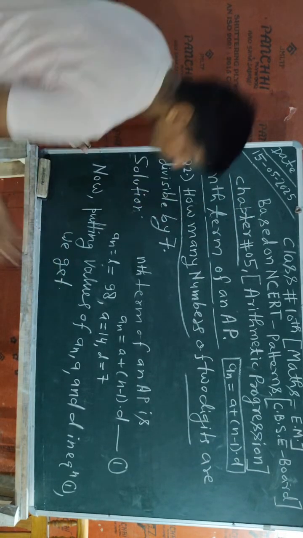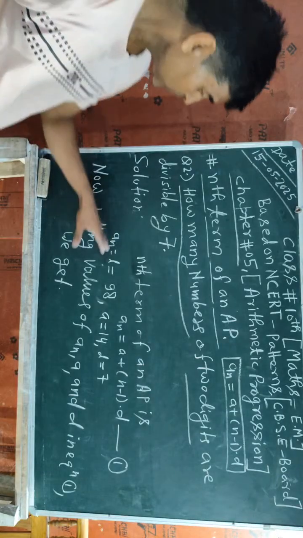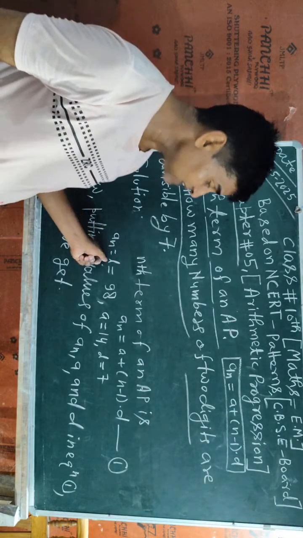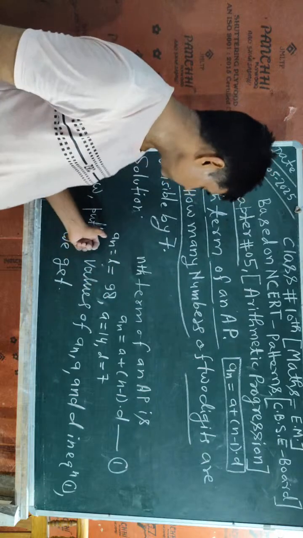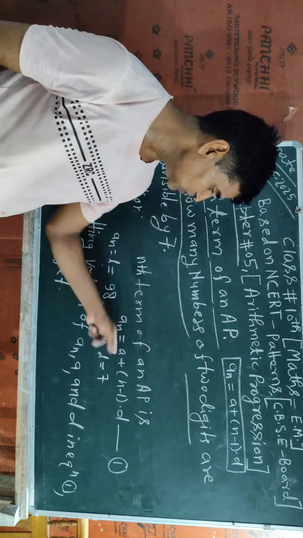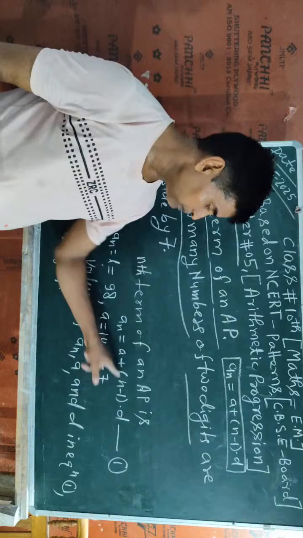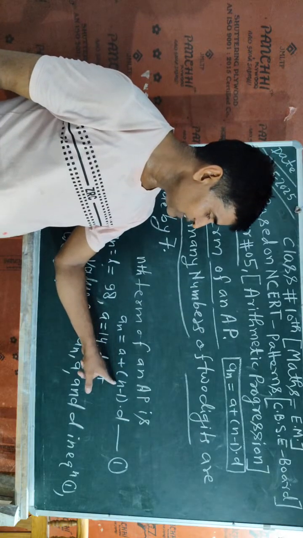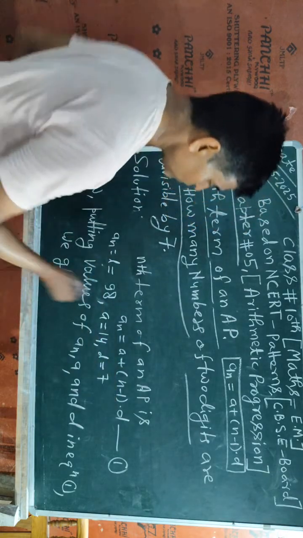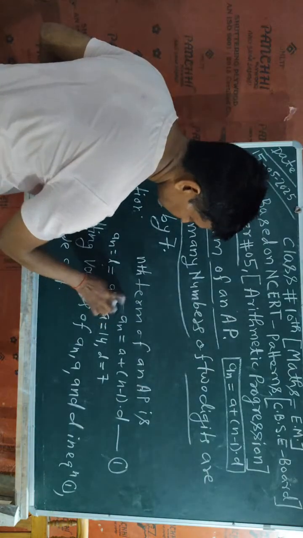Okay, student. So the value of a_n, that is the last term, a_n is equal to a plus, in the bracket, n minus 1 into d. Now a_n is also known as the last term.